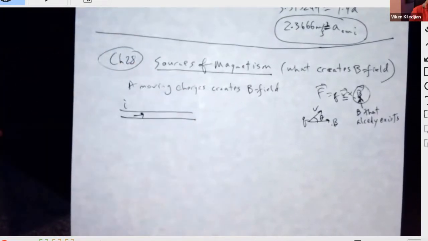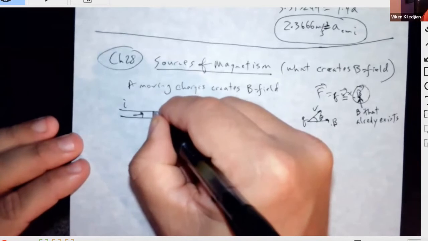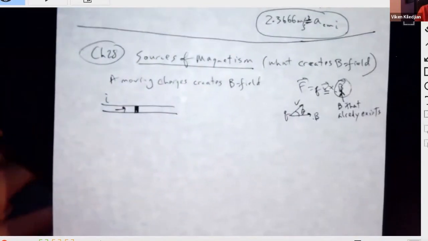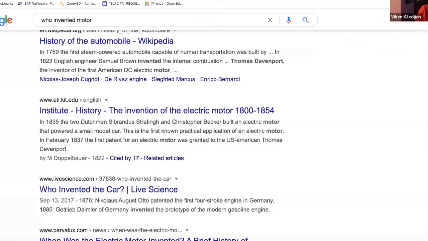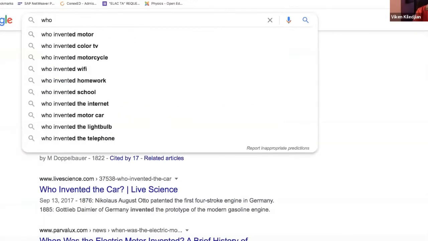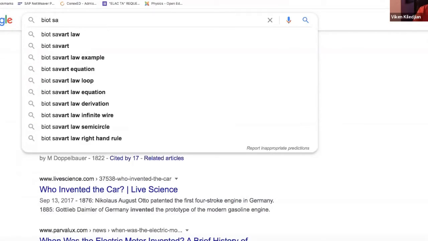So the equation for the magnetic field created by a piece of that wire is called the Biot Savart Law, probably named after two people, Biot and Savart.